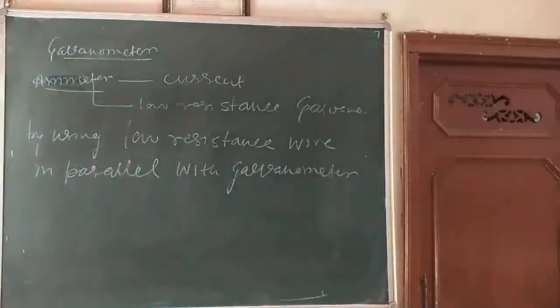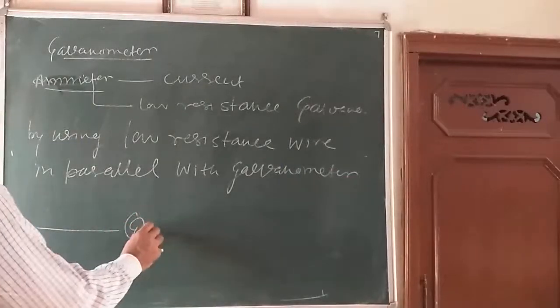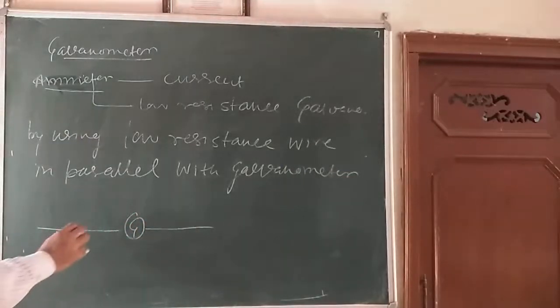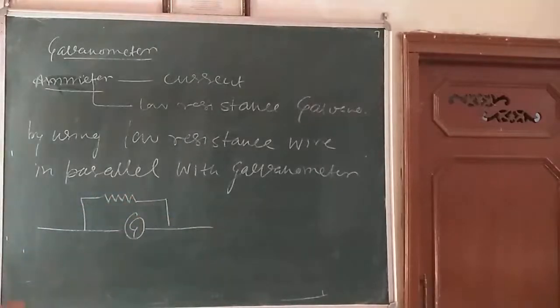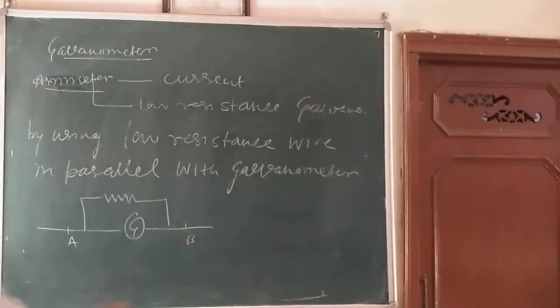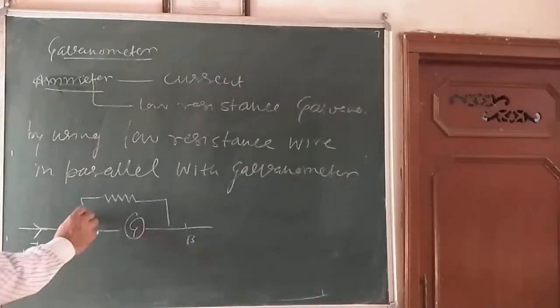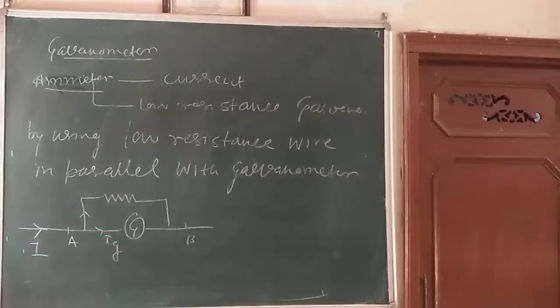So dear children, see the figure here. Suppose this is the galvanometer and in parallel we have connected a shunt resistance here. Suppose these are the two ends A and B respectively, and the current flowing here is I. Suppose the current going through the galvanometer is Ig.